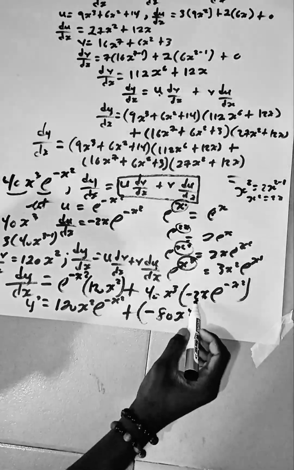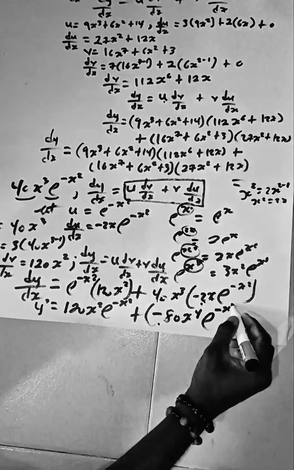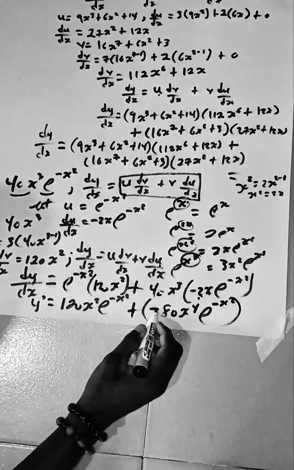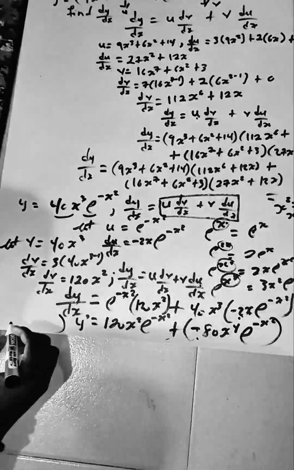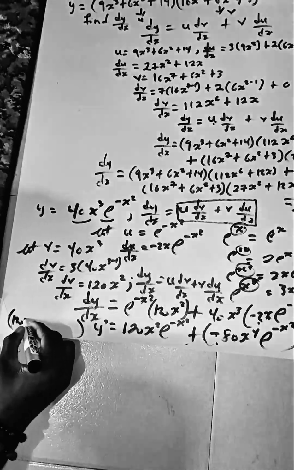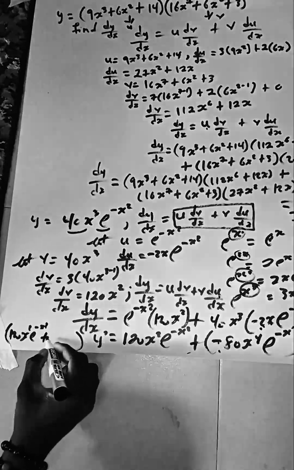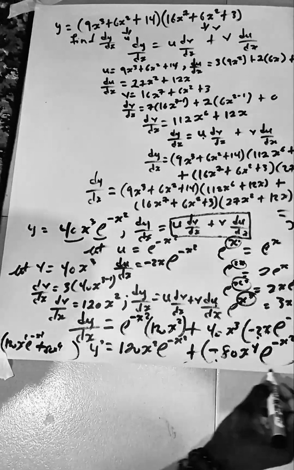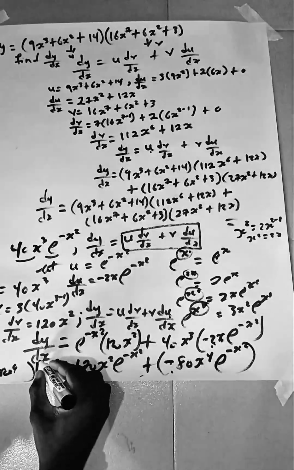And 40 times minus 2 is minus 80. Then e raised to the power minus x squared. So this is our answer. If you expand this, minus and plus multiply and it becomes minus. So our answer is, let's put it in a little bracket here, 120x squared e to the power minus x squared, then minus 80x raised to the power 4 e to the power minus x squared. So no space anymore, sorry about that. So yeah, this is our final answer.